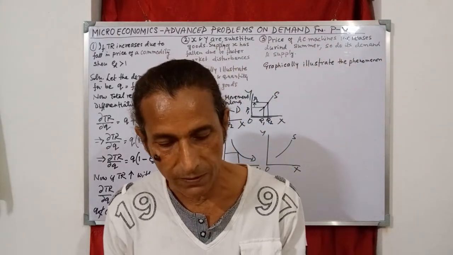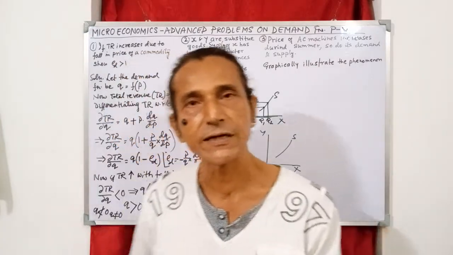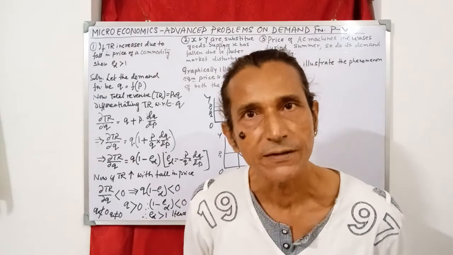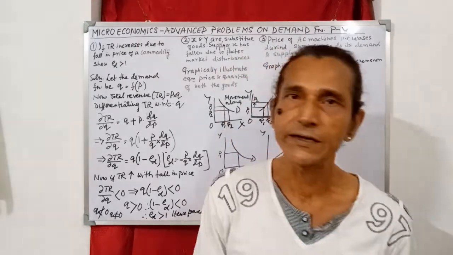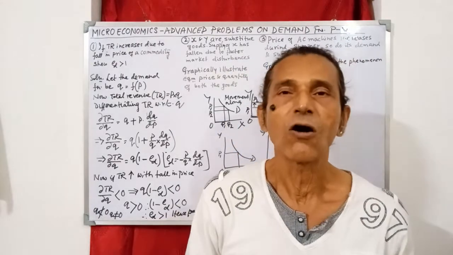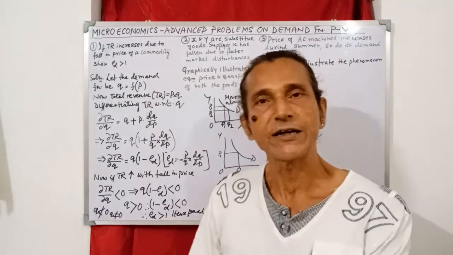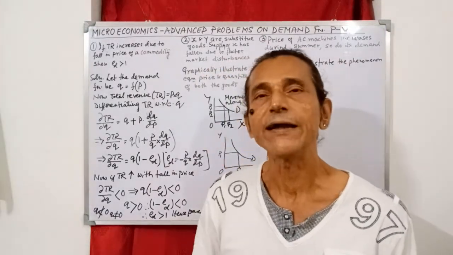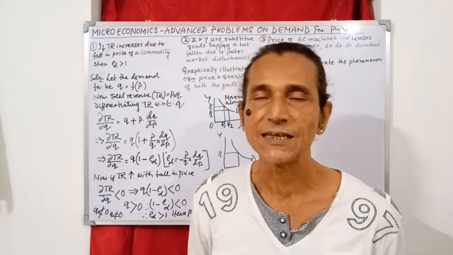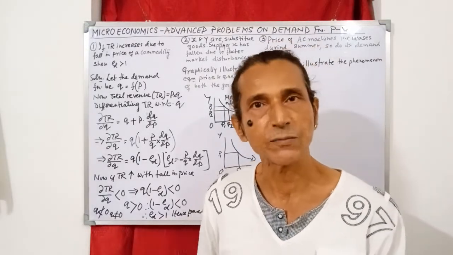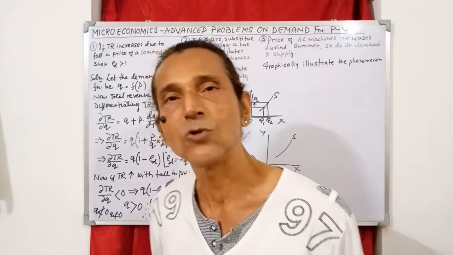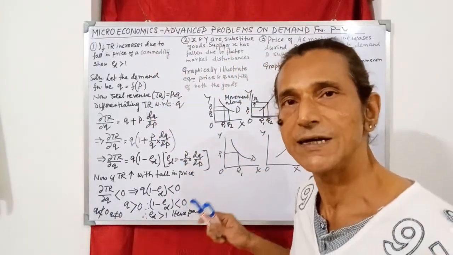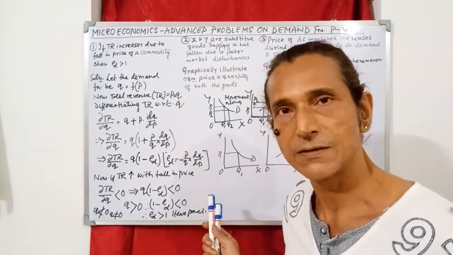Say, for example, income of the consumer has increased, price of a related commodity has increased or decreased, or supply of a related commodity has increased or decreased, or any other factor has changed, say taste and preference, custom, etc. In those cases, there will be altogether a shift in the demand curve as well as the supply curve. Right?